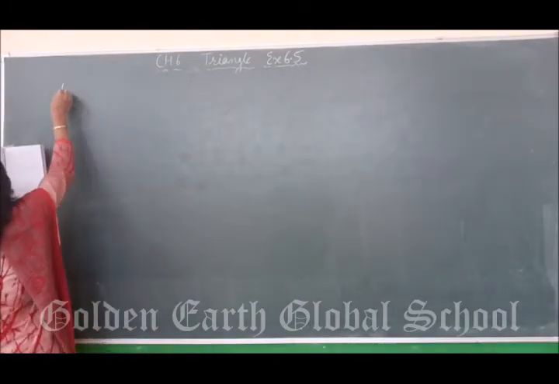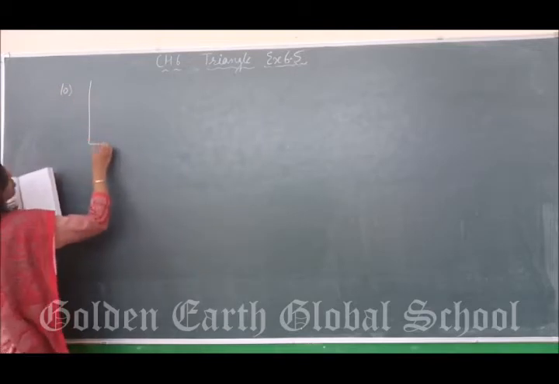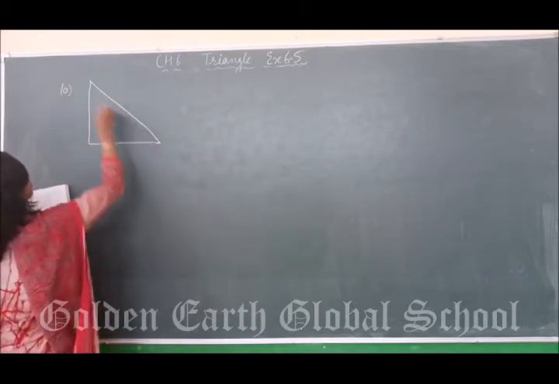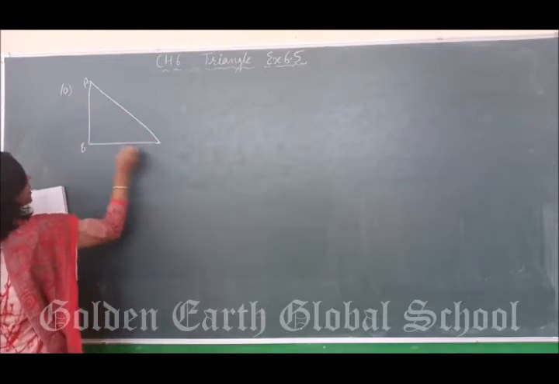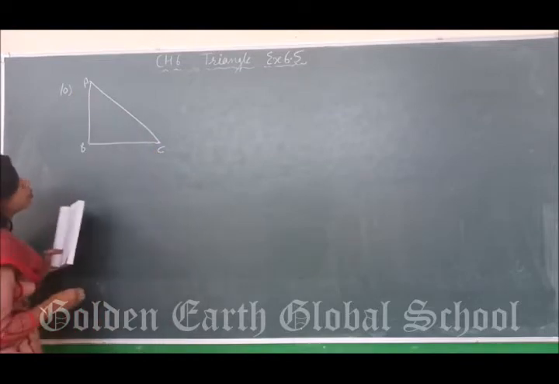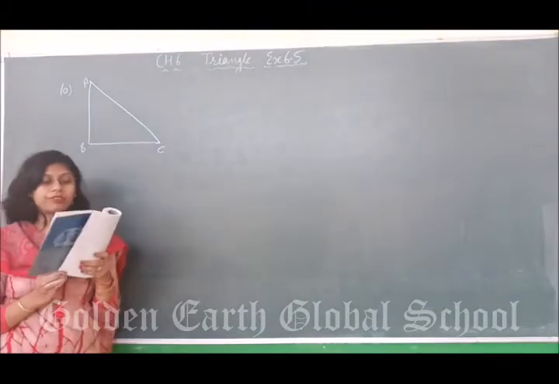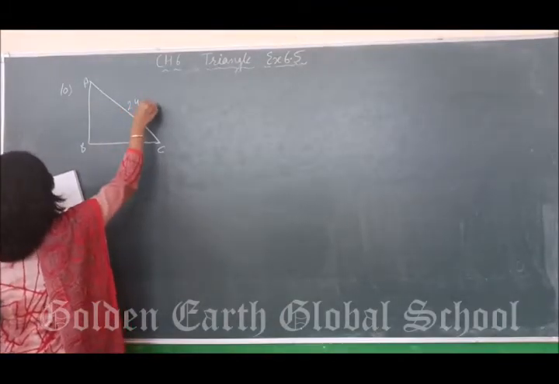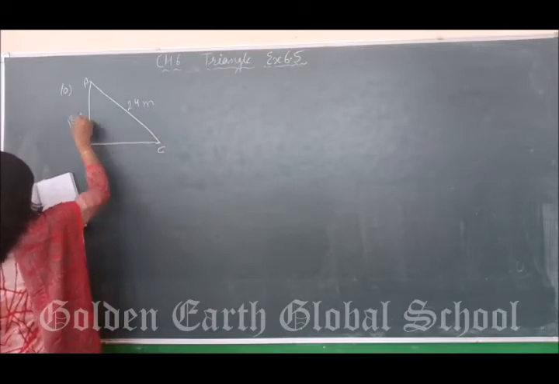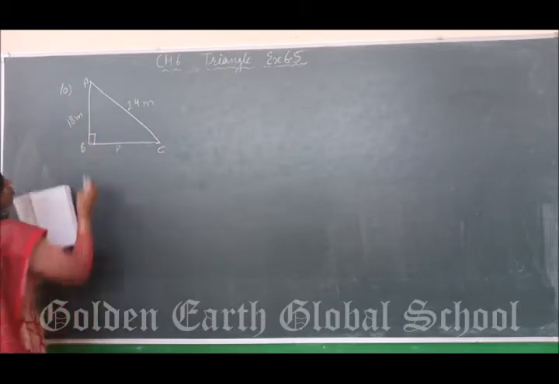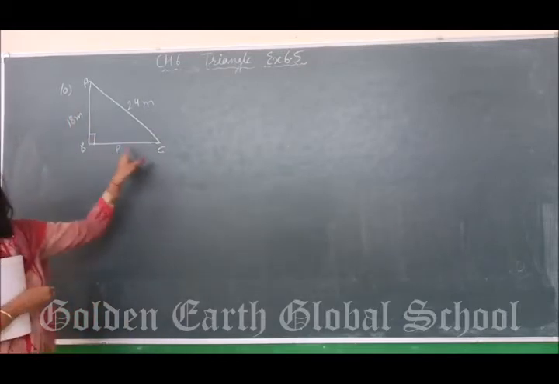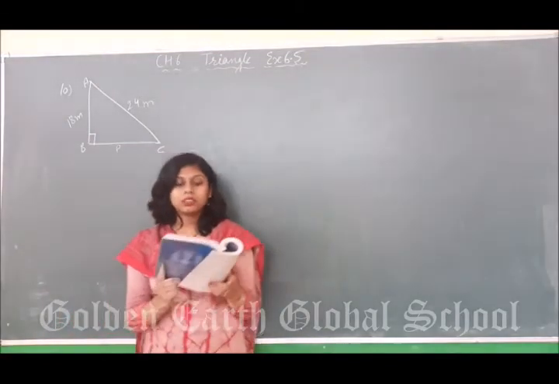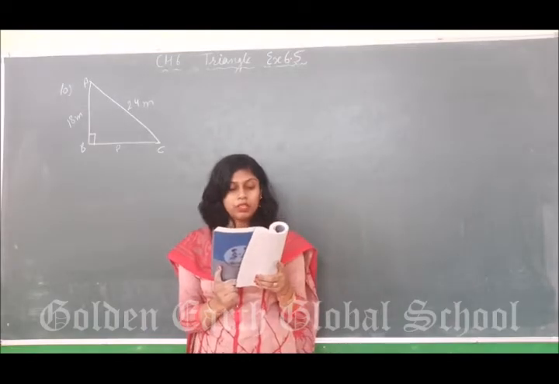Draw the figure. This is the wire. AC is wire and AB is pole. We have to find the length. Pythagoras theorem here. Solve by yourself.